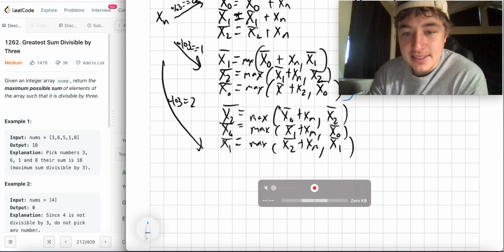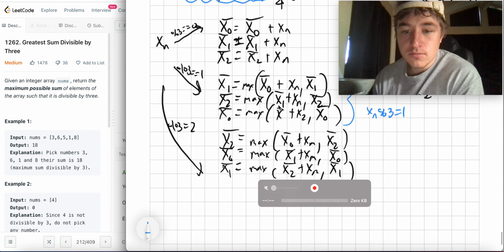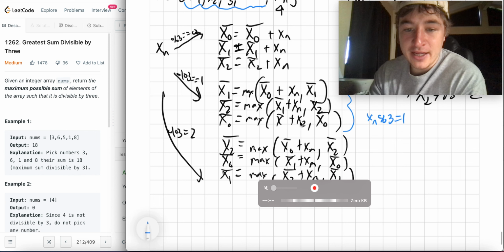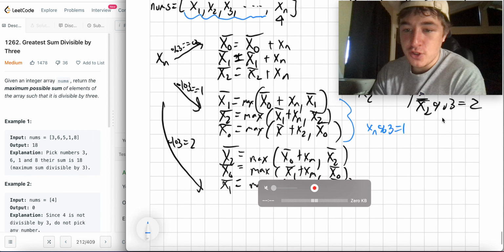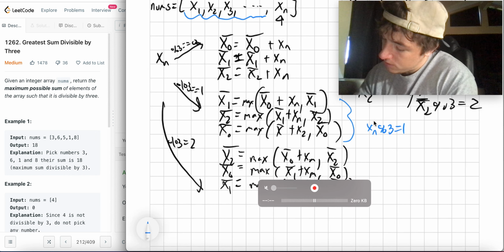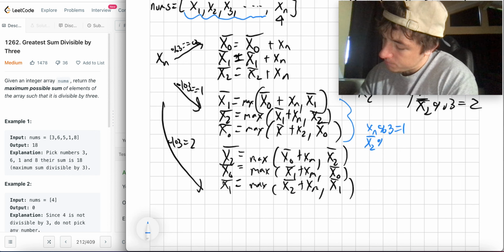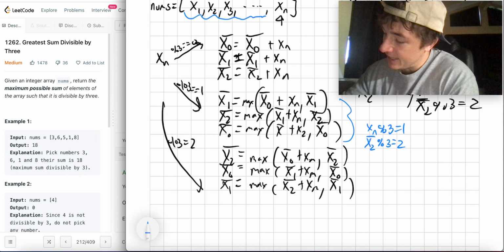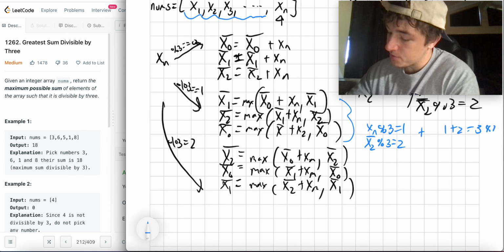So if I add it to something here where x2 mod 3 equals 2, well, if I add these together, I get 1 plus 2 equals 3, which mod 3 equals 0.